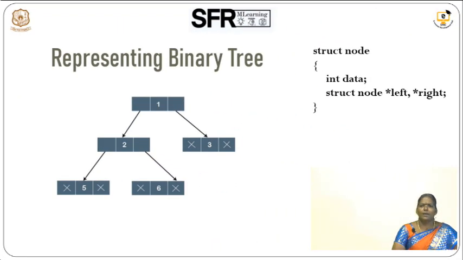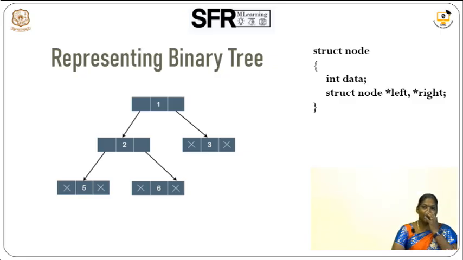How can we represent the binary tree? In C we represent the binary tree as a structure. We represent it as a node. The node has the data at the center and it has 2 pointers to represent the left child and the right child.